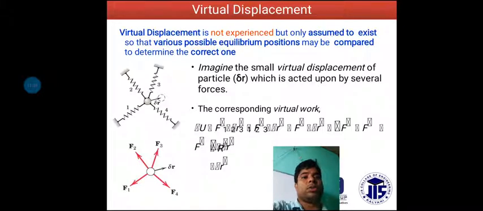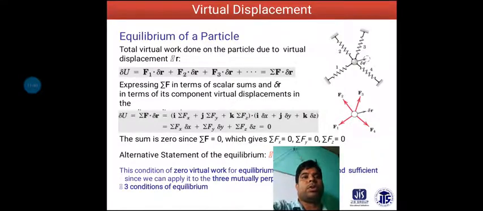So the actual corresponding virtual work will be based on some equilibrium positions of a particle, and it may depend on the total work done on the particle due to the virtual displacement dr. So del U is equal to F1 into dr plus F2 into dr plus F3 into dr plus and so on, up to the summation of F into dr.